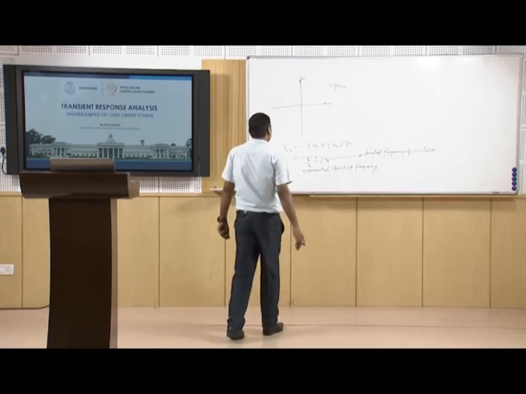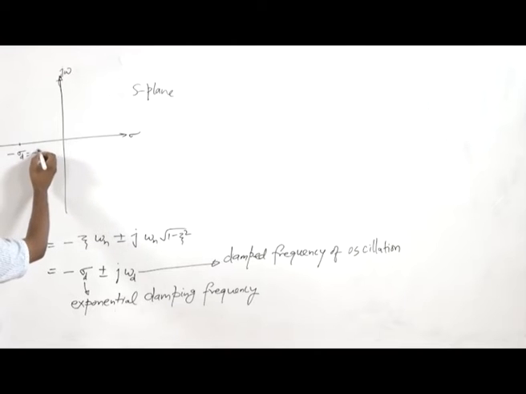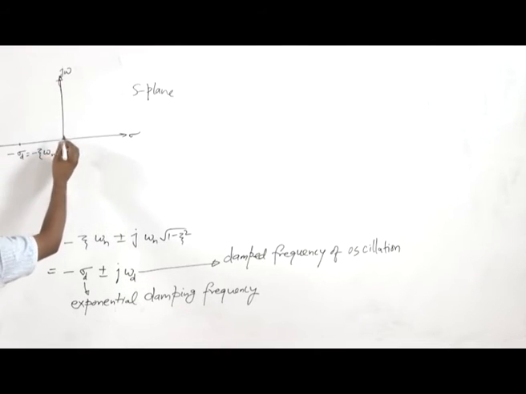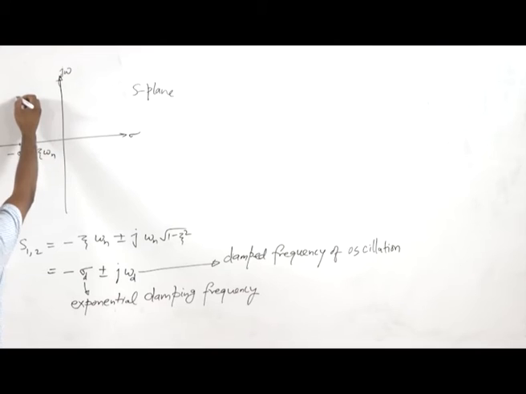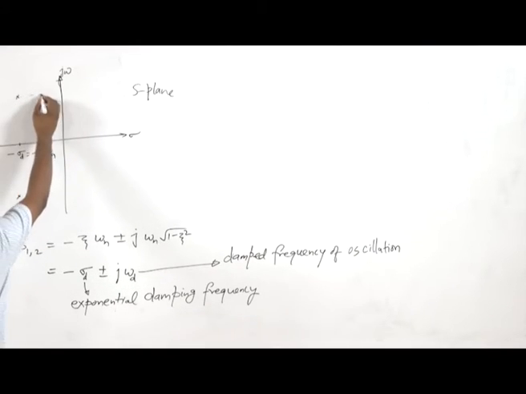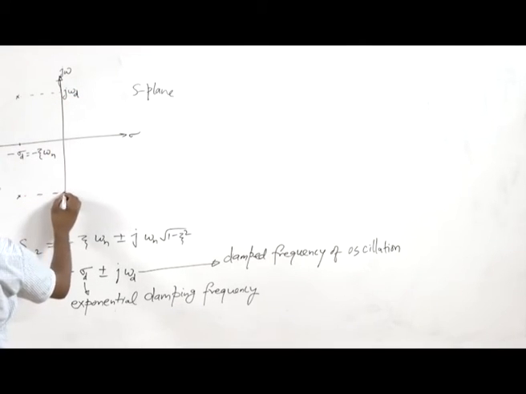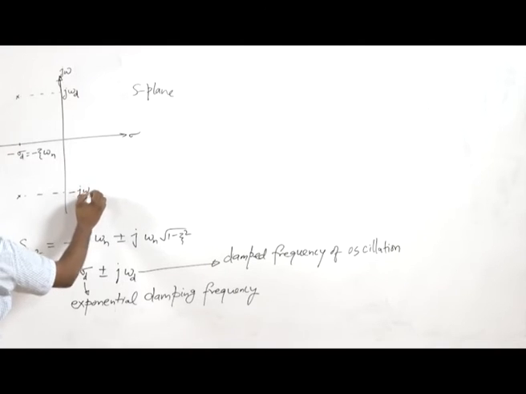Now, if we want to plot this, so here is minus sigma d or minus zeta omega n, and we have here these two poles, and this is j omega d, and here is minus j omega d.